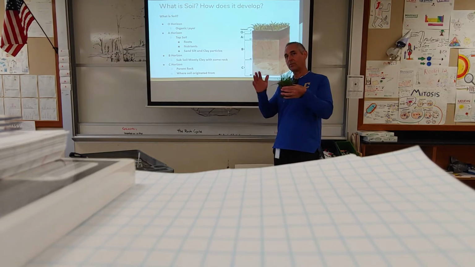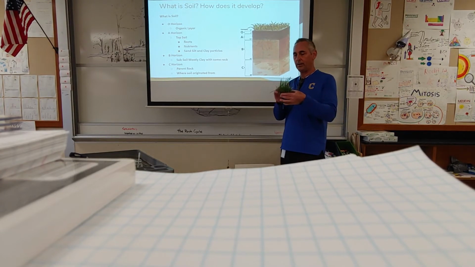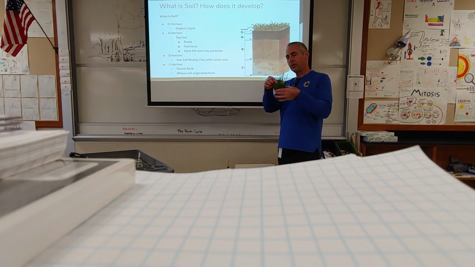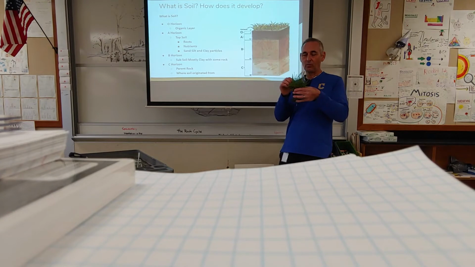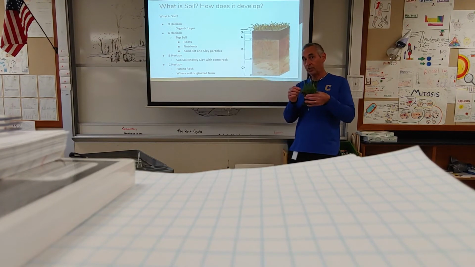Some soils may not have any organic matter on top of it, but this soil I just got out of the yard at the school. You can see the grass is growing, and on the top there are little pieces of mulch, maybe some rock, maybe some worms, roots, things like that.